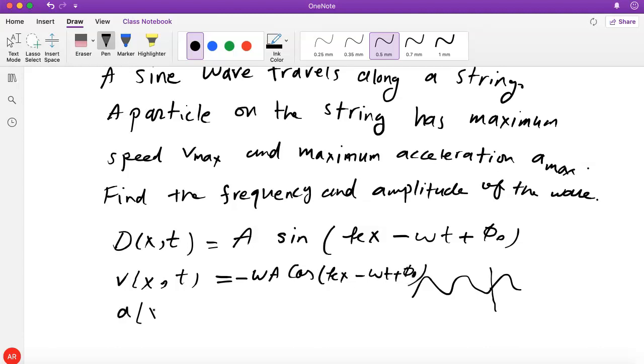And the acceleration, I take another derivative, so there's another factor of minus omega, that gives me omega squared. The derivative of cosine is minus sine, so that becomes minus omega squared a sine.